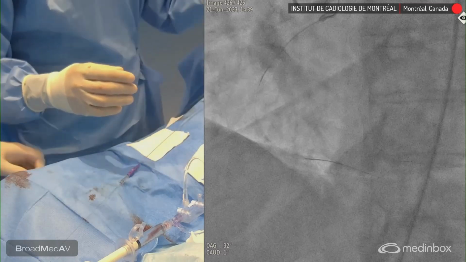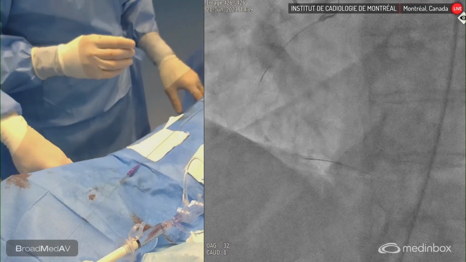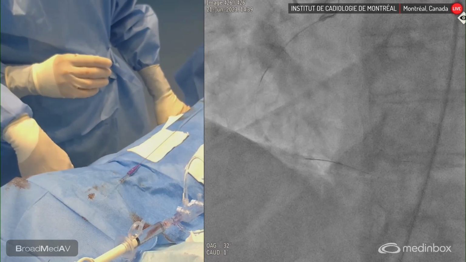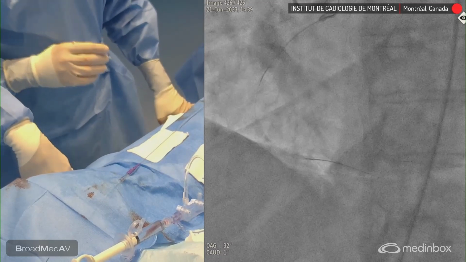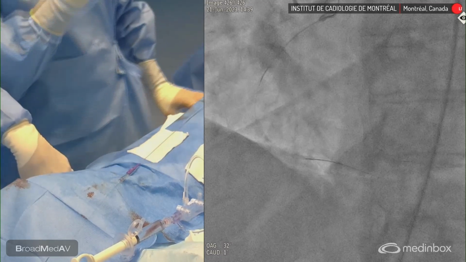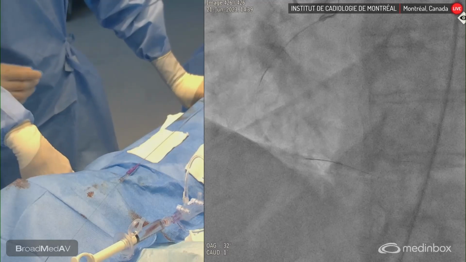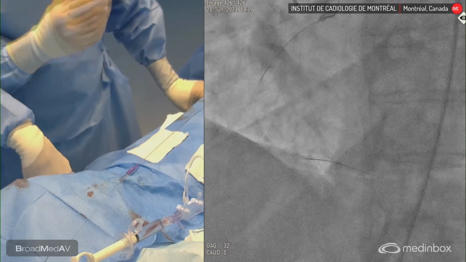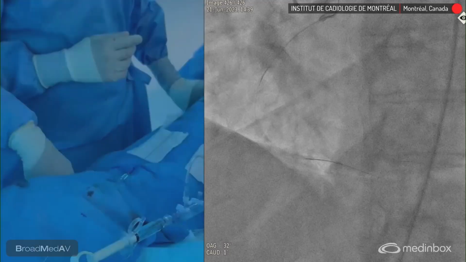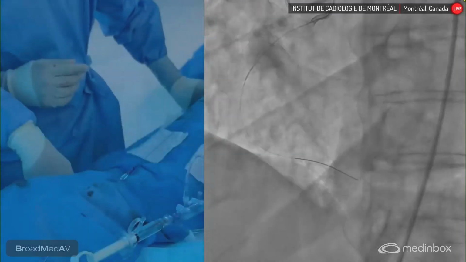And I think seeing the wire like this, it's pretty much confirmatory. We'll just do one cine to make sure that the wire is in the correct position. And at this point, we'll advance the microcatheter and switch for a workhorse. And then we're ready for imaging. Okay, let's do a cine.